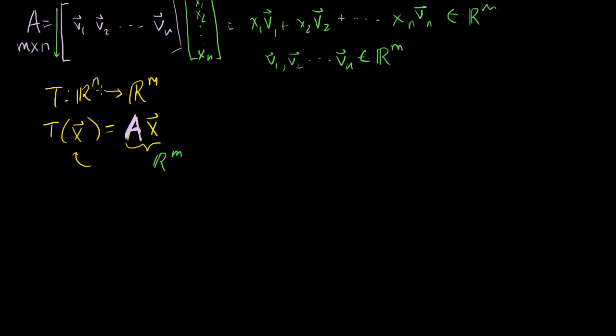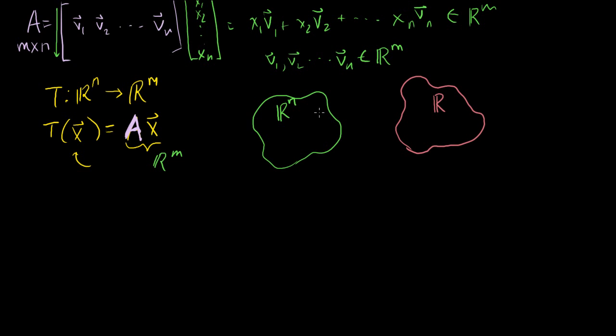So clearly, by multiplying my vector x times A, I'm creating a mapping from Rn to Rm. And I'm saying it in very general terms. Maybe n is 3, maybe m is 5, who knows? So if this is a particular member of set Rn, our transformation or our function is going to map it to this guy right here.